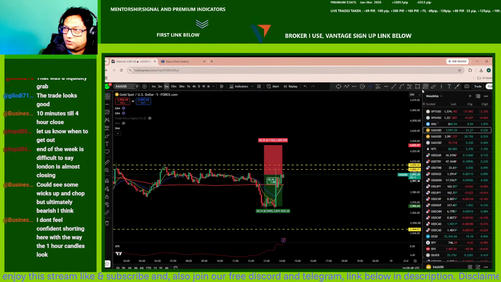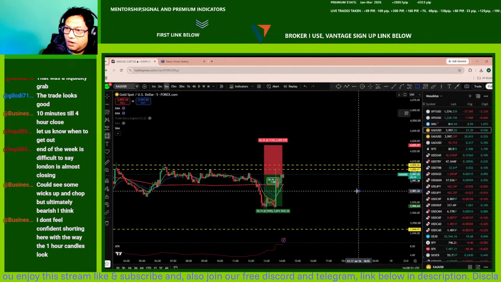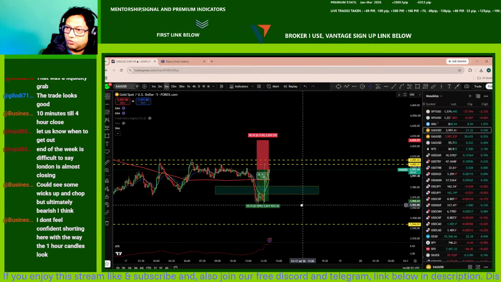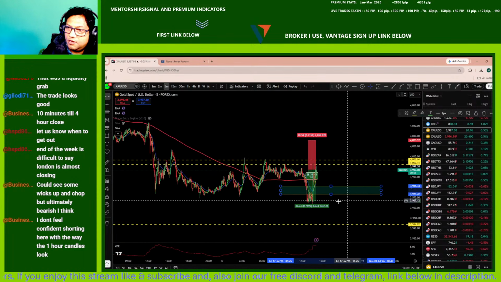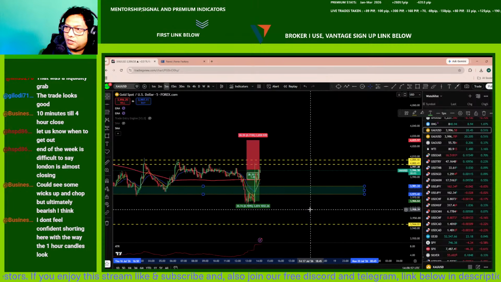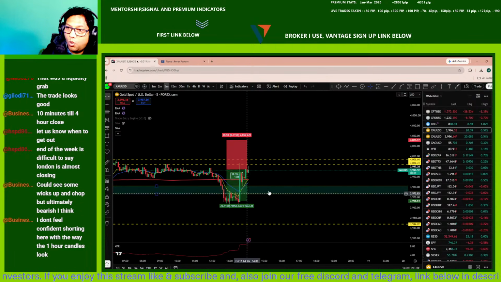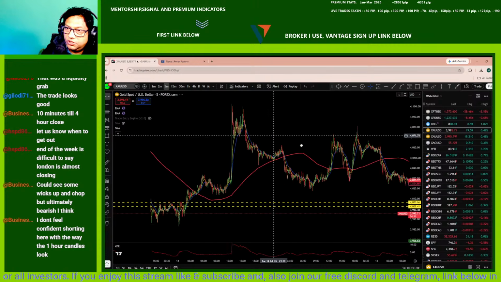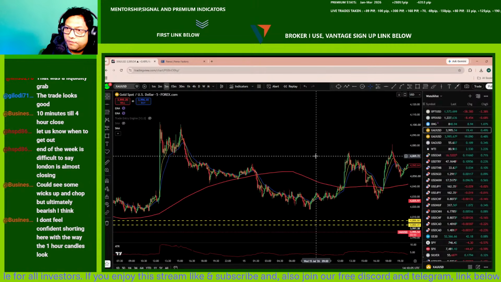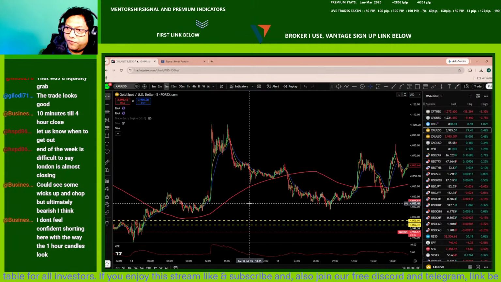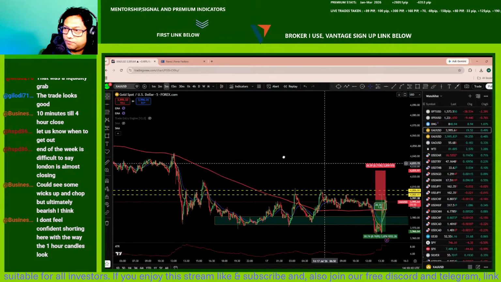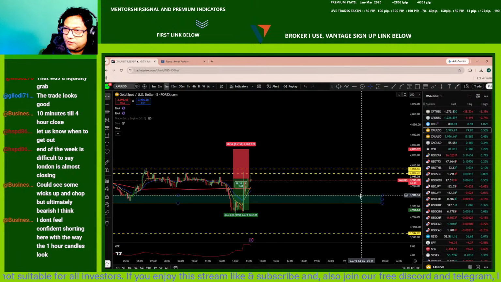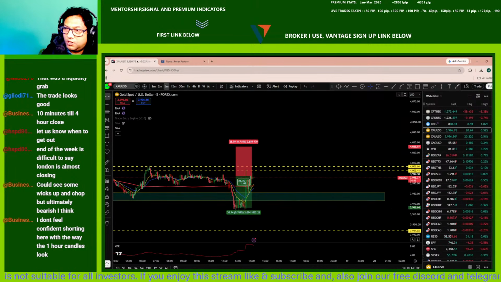You see that there is a large fair value gap with this rejection here. And the market usually doesn't change a trend in one go. If you look at all the trend changes, it more often goes back again for the retest. There's an order block here.